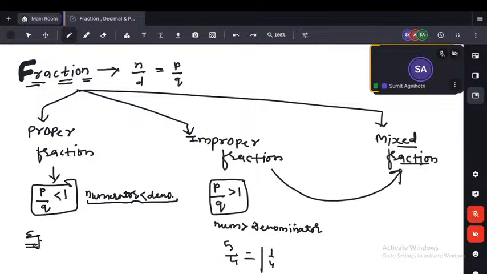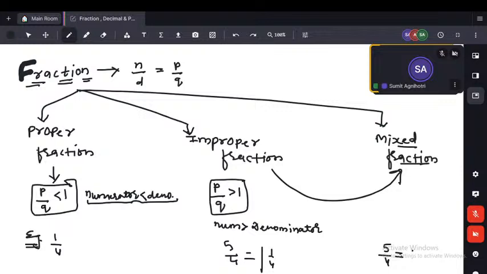Yes, 5 over 4 will be improper, and 1 over 4 will be proper, and 5 over 4 can be written as a mixed fraction. You can write it as 1 and 1 by 4, that we also call 1 plus 1 by 4. Okay, that's good, well done. You know this much, that's a good thing.